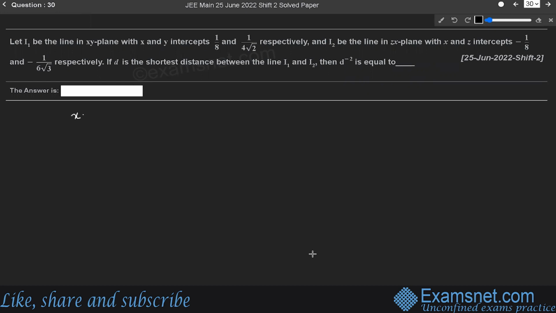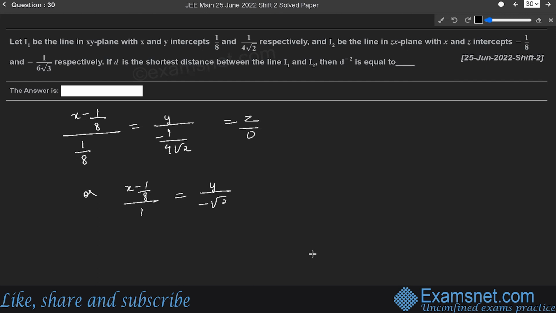We know that (x minus 1 by 8) divided by 1 by 8 is equal to y upon minus 1 upon 4 root 2 is equal to z upon 0 for I1, or we can say that (x minus 1 by 8) divided by 1 is equal to y upon minus root 2 is equal to z upon 0. Let this be equation number 1.